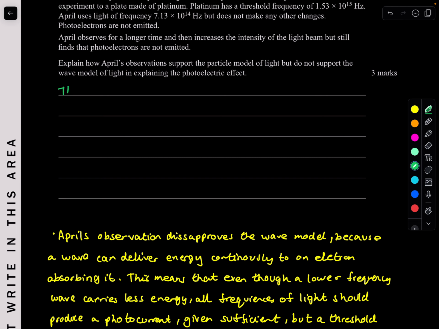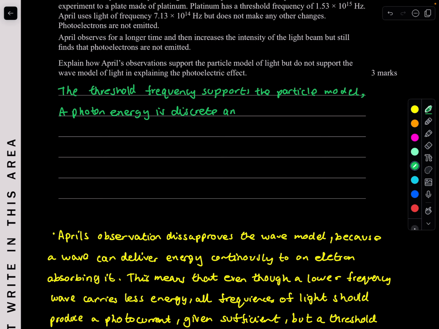So we're going to say the threshold frequency supports the particle model, as a photon's energy is discrete and proportional to its frequency.